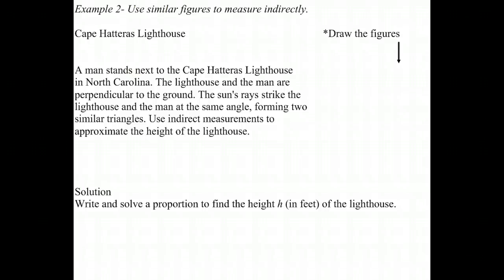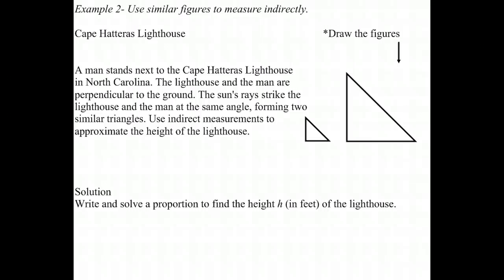Drawing in two triangles, let's take a minute. We had our man with his shadow, and we also had our lighthouse with its shadow. So take a minute and draw in two similar triangles.